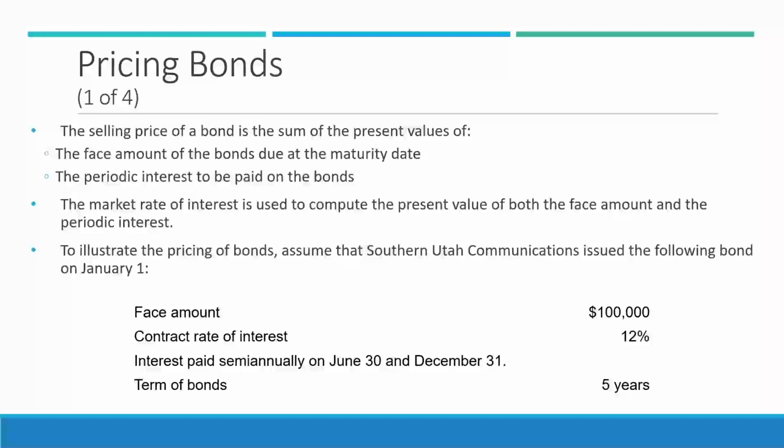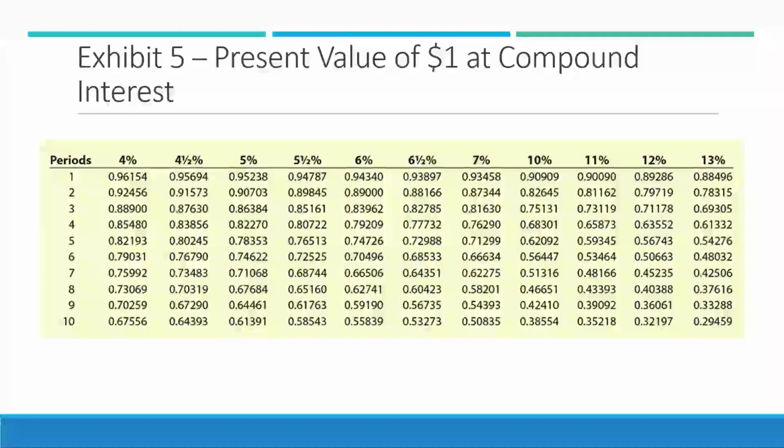At 6% interest. Because the bond is paid semi-annually, we have to assume the compounding of the interest is done semi-annually. How we do that is we multiply the number of periods by 2 and divide the interest rate in half, because we're computing the formulas based on every 6 months. So we take 10 periods at 6% and find our factor. 10 periods at 6% is 0.55839.